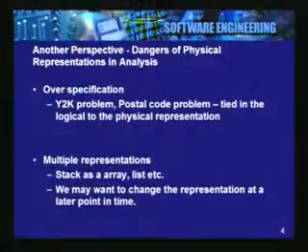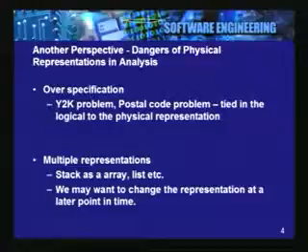Another problem is that there could be many different implementations that are possible, and each implementation can be tied into the logical representation at a point in time in the design cycle when it makes sense to make the decision, right? So for example, if you consider a stack data structure, which is a pretty commonly used data structure in most applications, the stack can be implemented either using a list, for example.